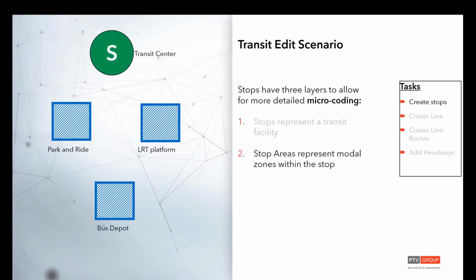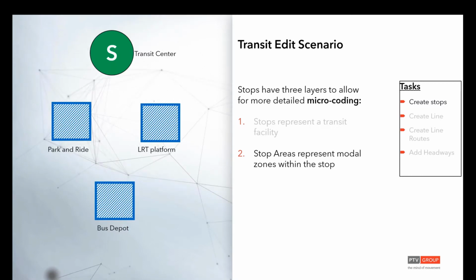Within each stop, there may be one or more stop areas that represent modal zones within that PT stop. For example, if we take a transit center, that transit center might be a park and ride that is also a hub for something like a light rail platform and a bus depot. So you might have a parking structure with a light rail stop and a few bus stops nearby as well.